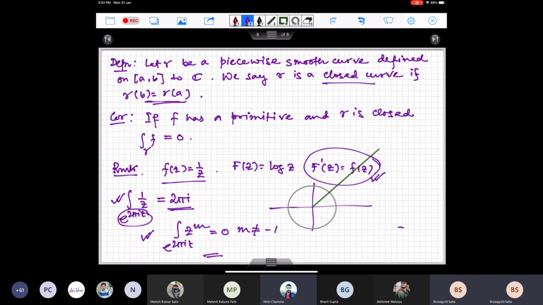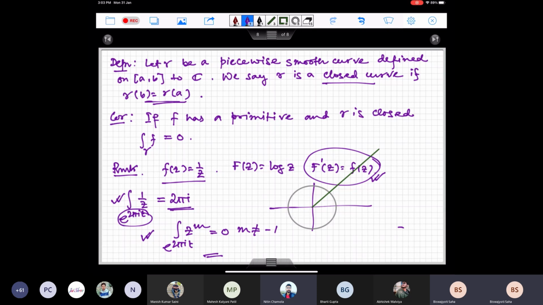So what we are going to do is start with holomorphic functions this time, and then see that suppose I have a holomorphic function, can I say a similar thing over there?